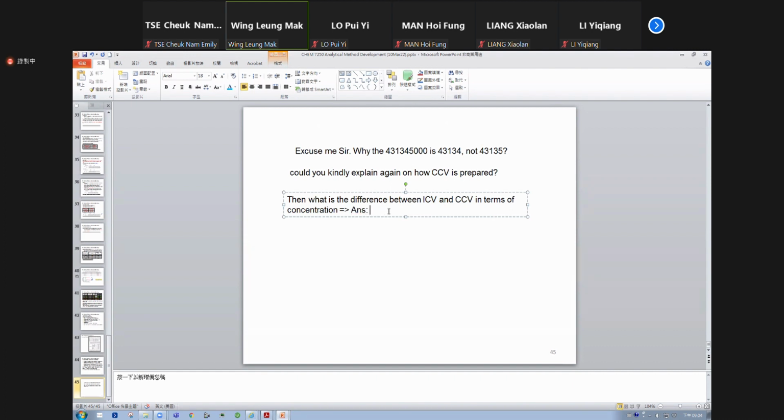The answer is they should have the same concentration at the midpoint of the calibration curve. Normally, the ICV and CCV should be prepared at the midpoint of the calibration curve concentration. Okay.